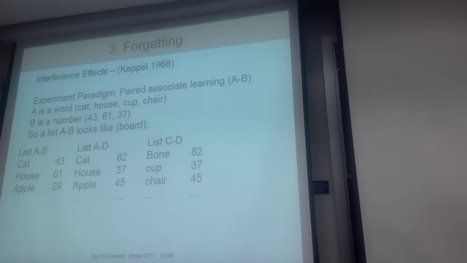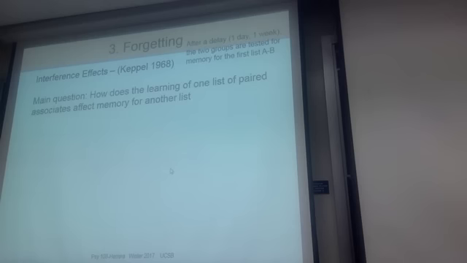So they're varying different things there. They want to know how learning of one list of paired associates affects memory for the other list?